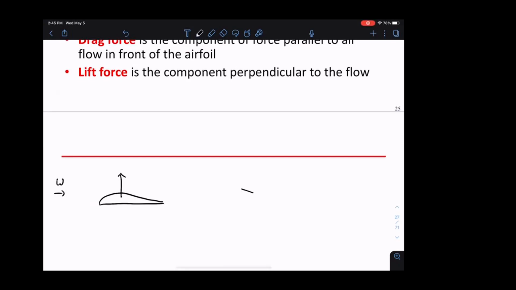When you have a larger angle of attack, you have a much larger force. Some of it is lift, some of it is drag. And so when you increase the angle of attack, you increase the total force you generate on this blade.